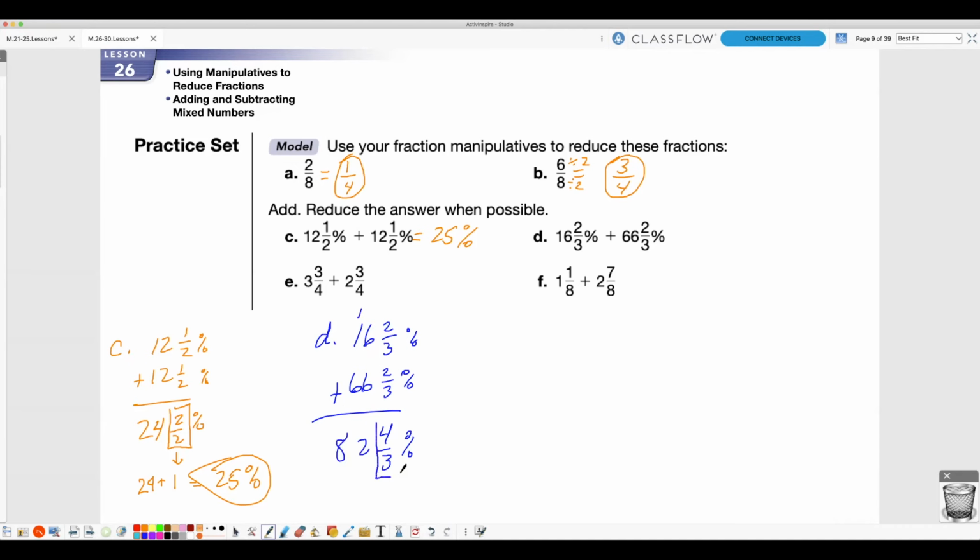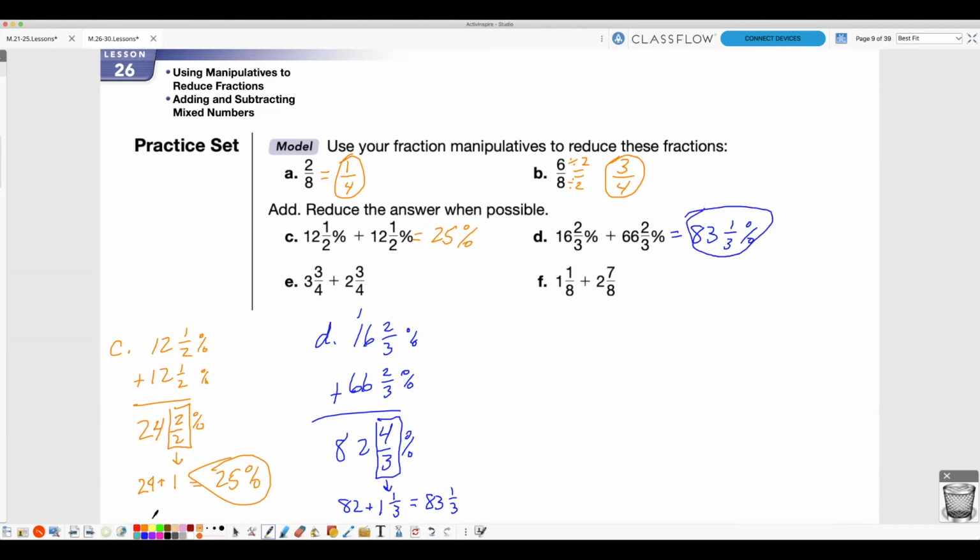Then I need to recognize that this 4/3 is going to convert into 1 and 1/3. And I'd have to add that to the 82 that I have there. So that's 82 plus 1 makes 83, and then I need to keep that fraction portion of the mixed number. So it'd be 83 and 1/3% for the answer to that one.